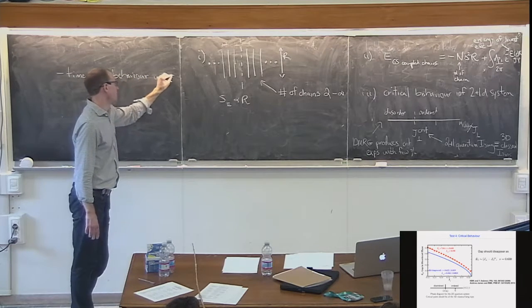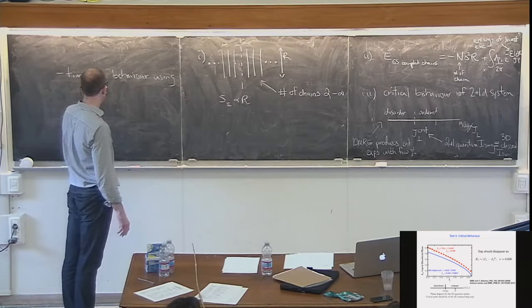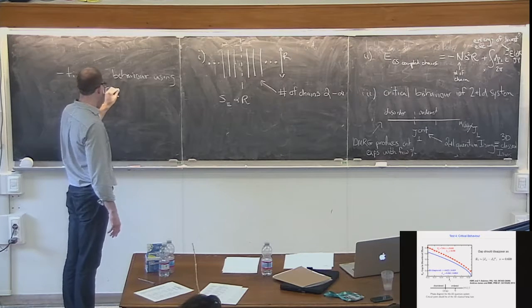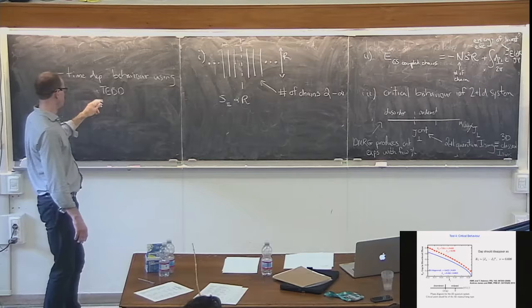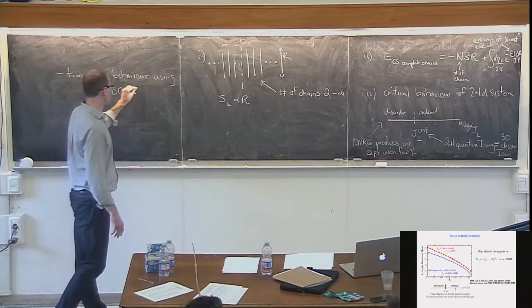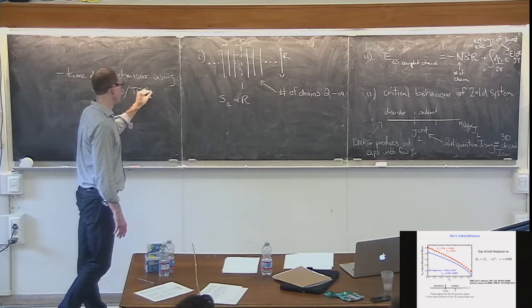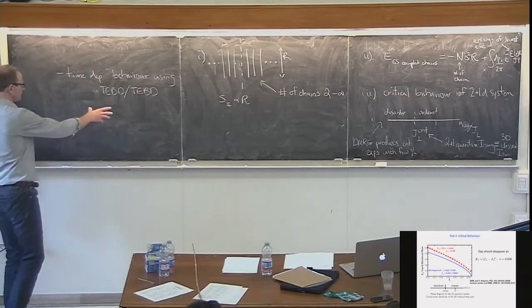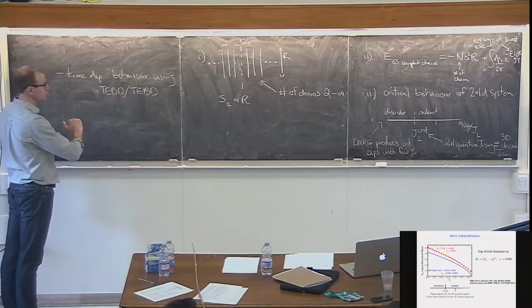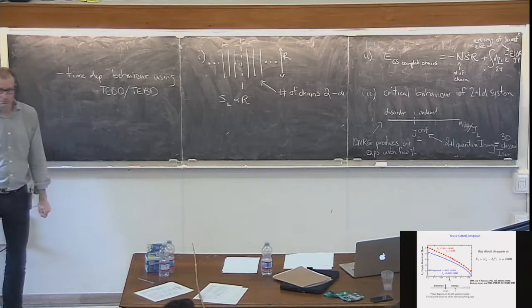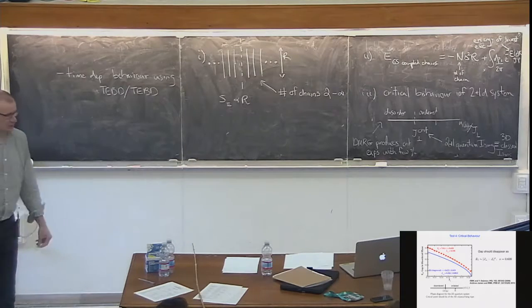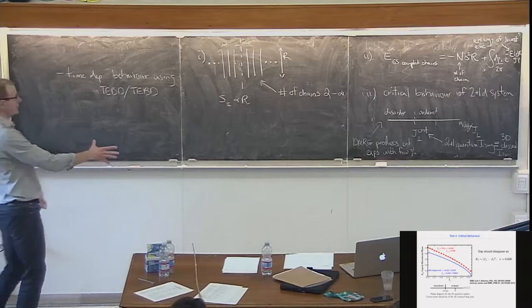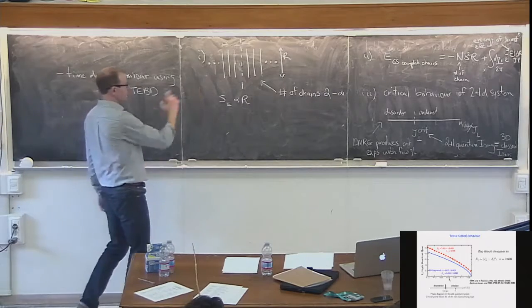You can study time-dependent behavior using iTEBD, or just TEBD, which stands for time evolving block decimation, which is an MPS approach to study real-time evolution in 1+1 dimensional systems, but now we can adapt it to study our coupled arrays of chains.